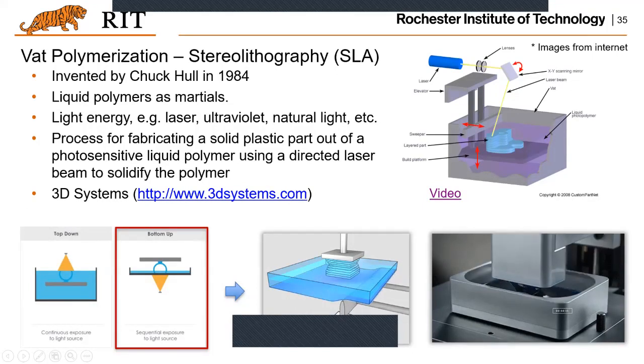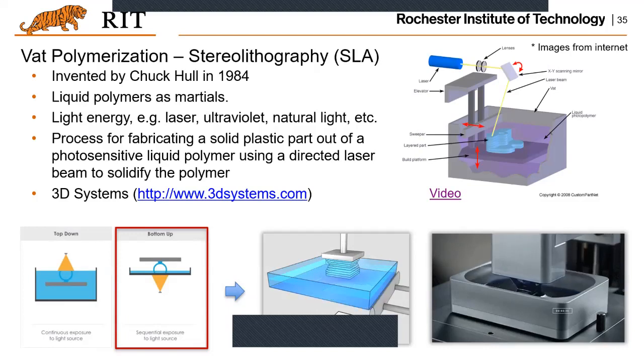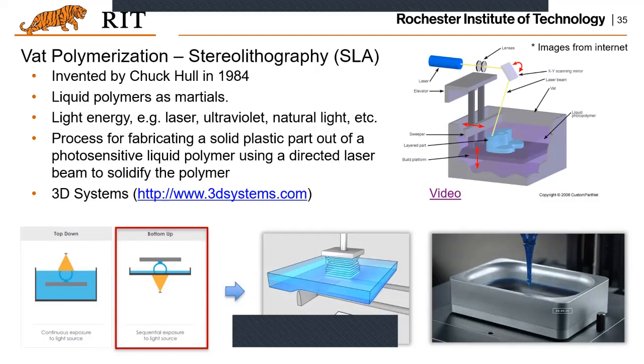And the rightmost figure, I mean the GIF, shows the Carbon 3D printer, which is a very recent product, which can produce a part in a very short amount of time.